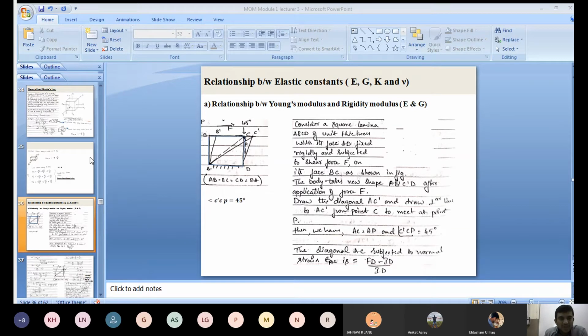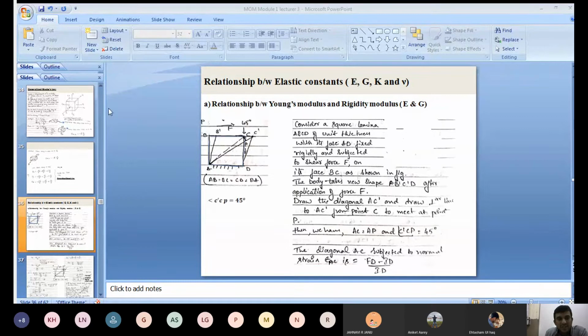Now one side of the lamina, the bottom side AD, is fixed. Now we apply a load. What type of load here? A shear force on BC. Once you apply shear force on BC, what happens? The square lamina ABCD changes: AD will not change its position, but B and C will change. B changes to B dash, C changes to C dash.